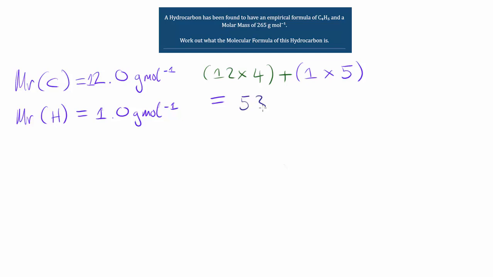So 53, and that is going to be in grams per mole, right? So this is effectively the Mr of, actually I'll just write it below, so the Mr of C₄H₅ is equal to 53 grams per mole.